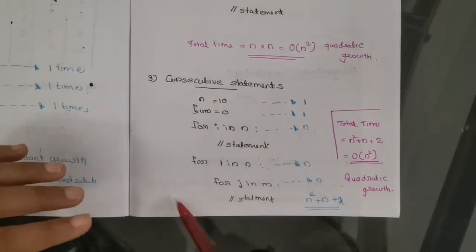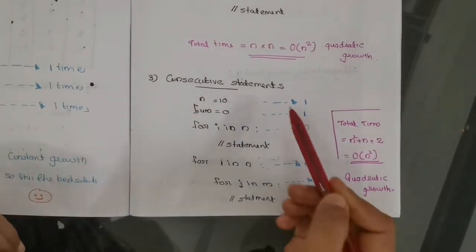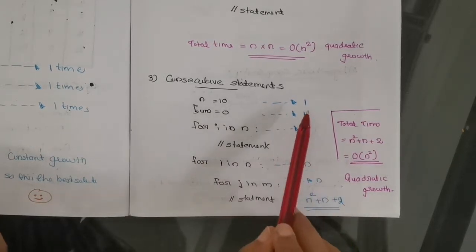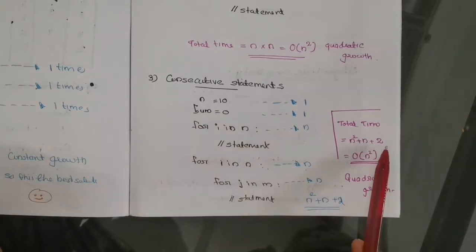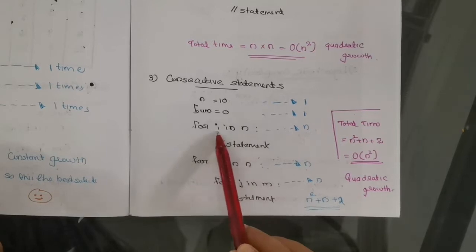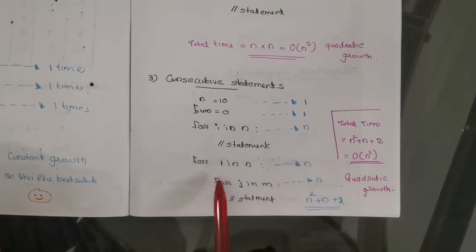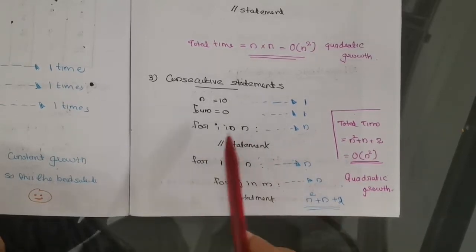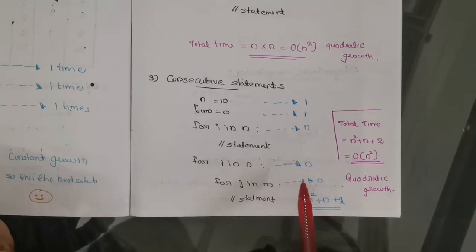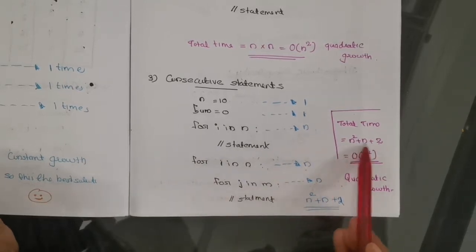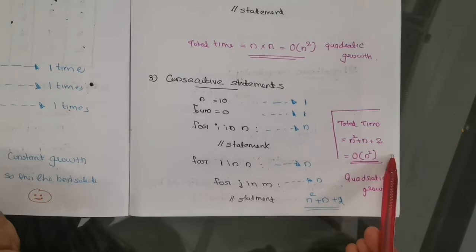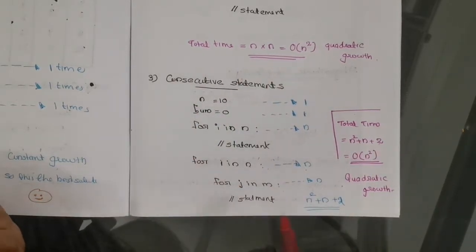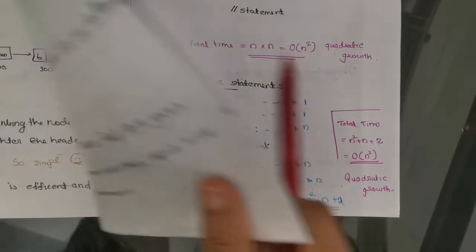So how can we find the time complexity of the total program? 1 plus 1 is 2 here. The complexity of this one is n, and the time taken for the nested loop is n square, n into n. This is a quadratic equation. I am writing it here also.